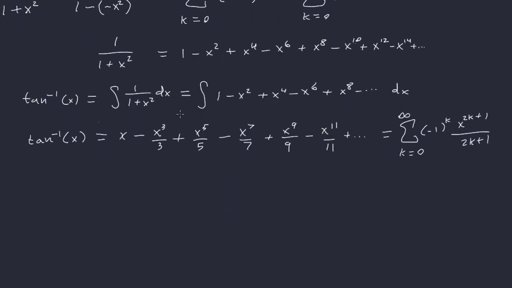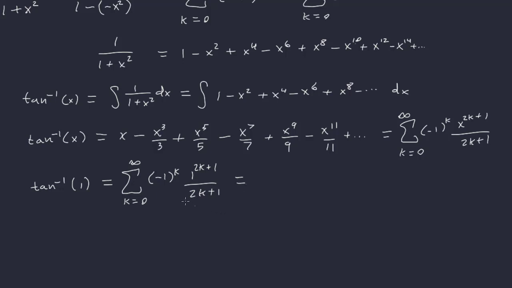From this series, I want to show you something. If I take tan inverse of 1 and plug it in my series representation for it, this will be negative 1 to the k times 1 to the 2k plus 1 all over 2k plus 1.